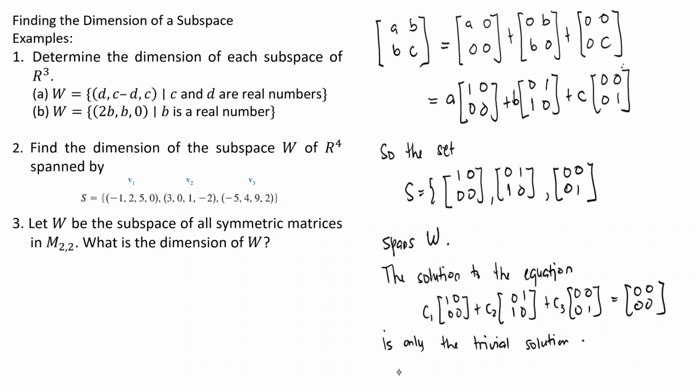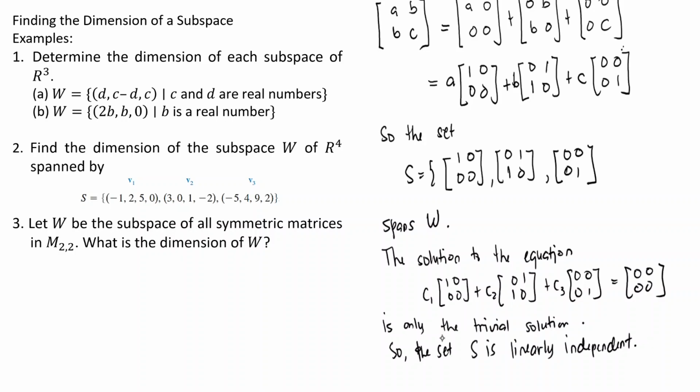Therefore, the set S is linearly independent. Thus, the dimension of W is, we have 1, 2, 3 vectors, so we have 3.